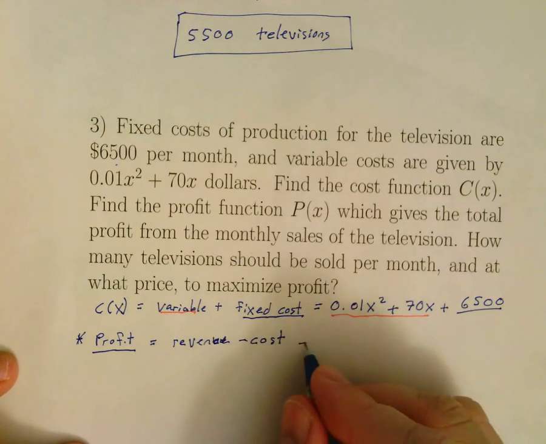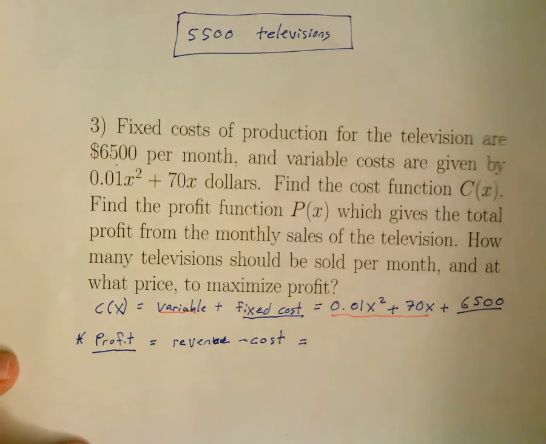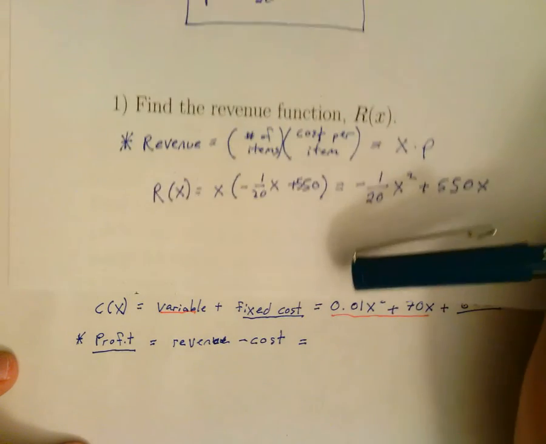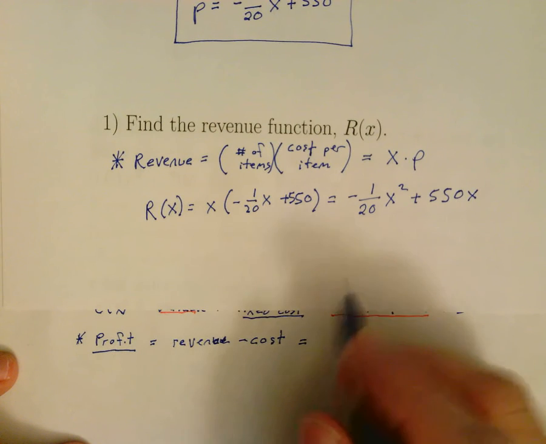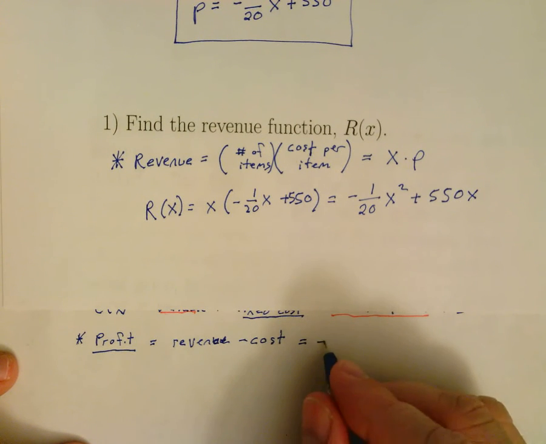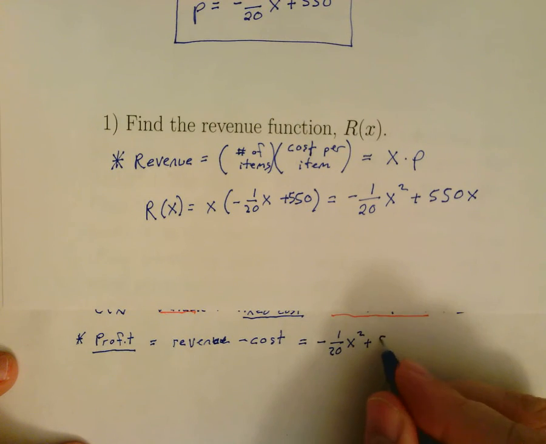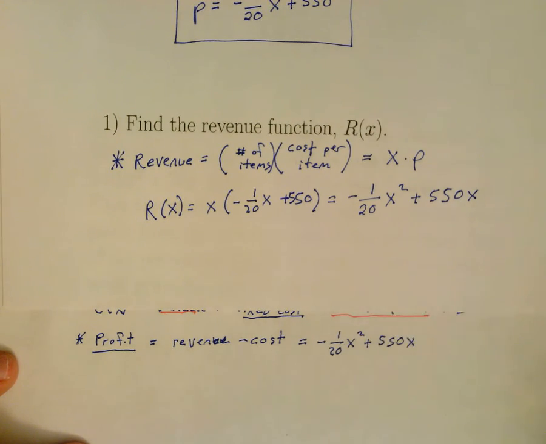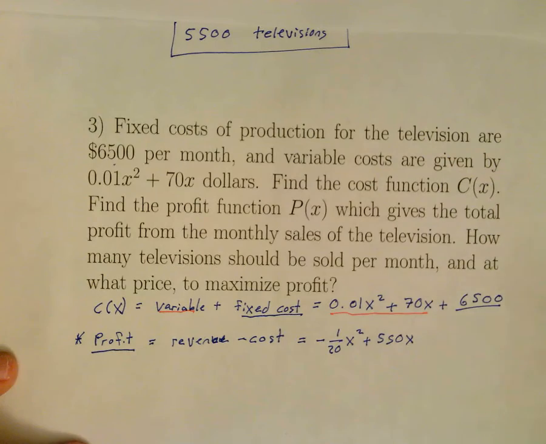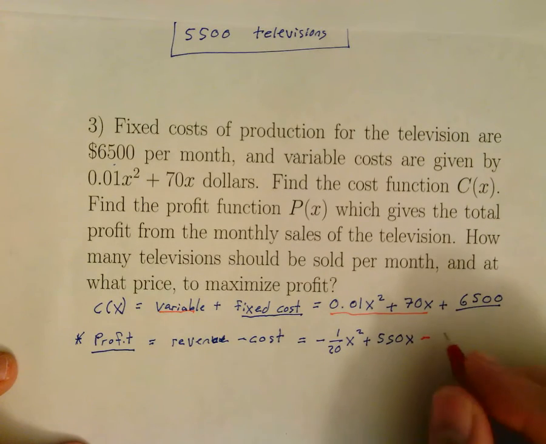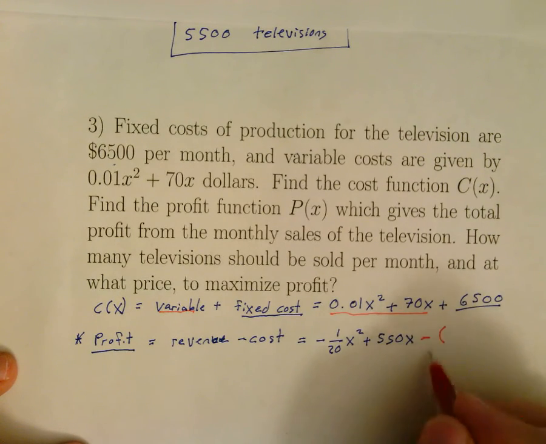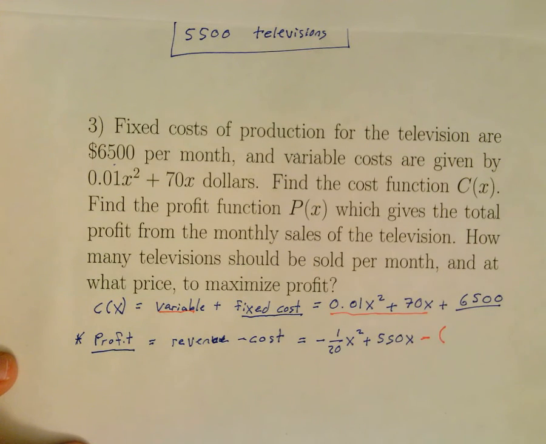So that's going to be equal to our revenue. Let me go back to this here. That's our revenue. So our revenue is negative 1 over 20x squared plus 550x. And then minus the costs. Now remember, the cost has a minus sign here, so you have to make sure that you distribute that through.